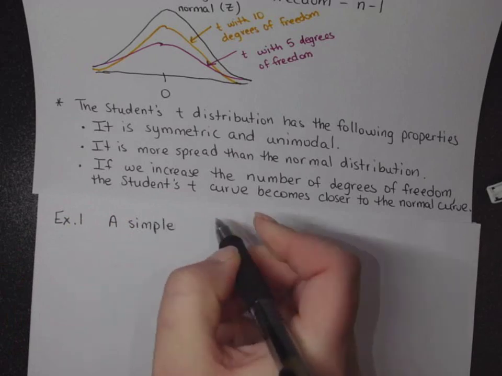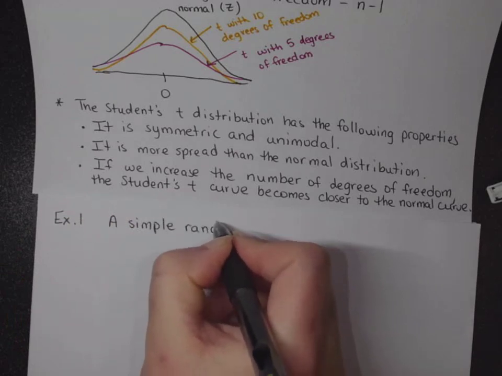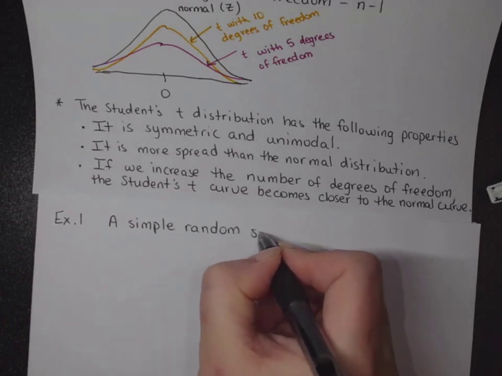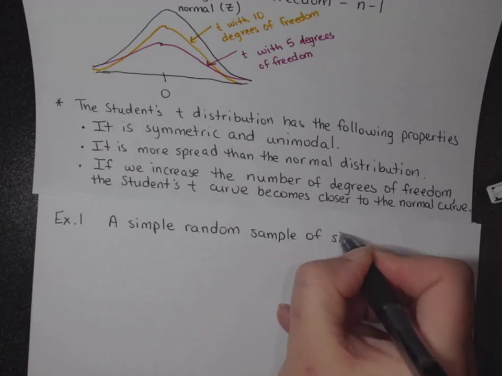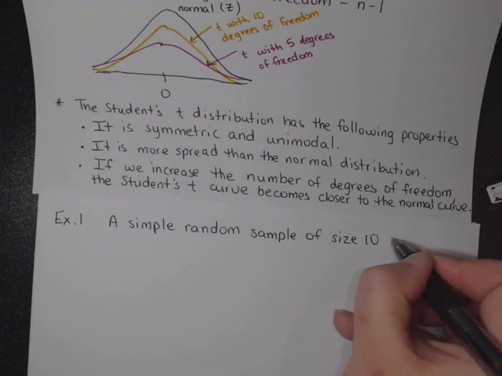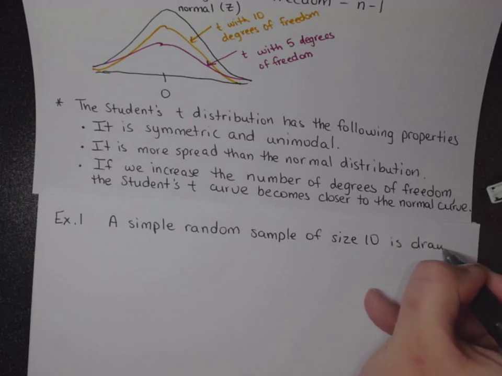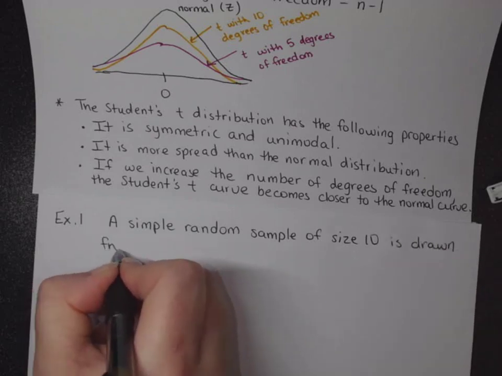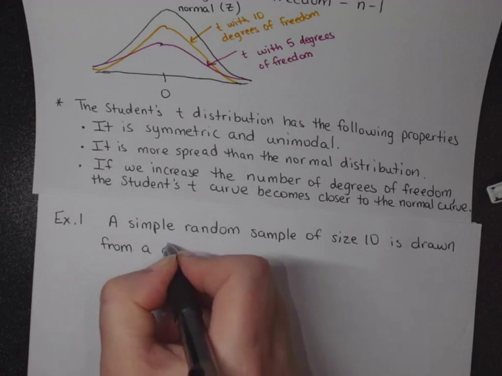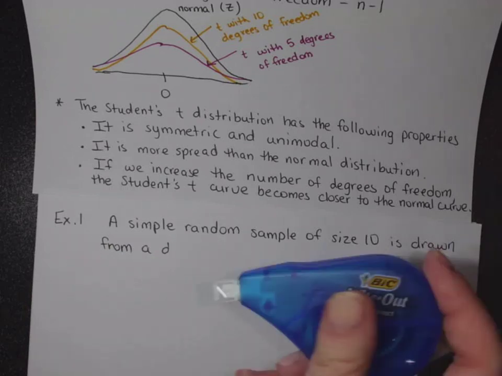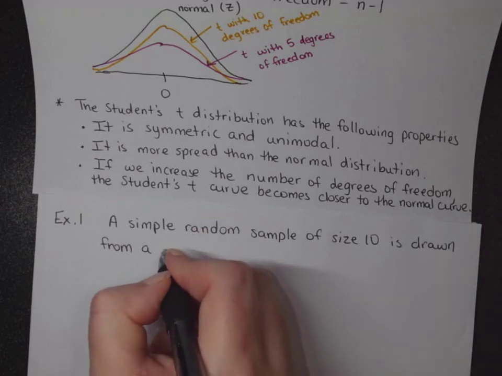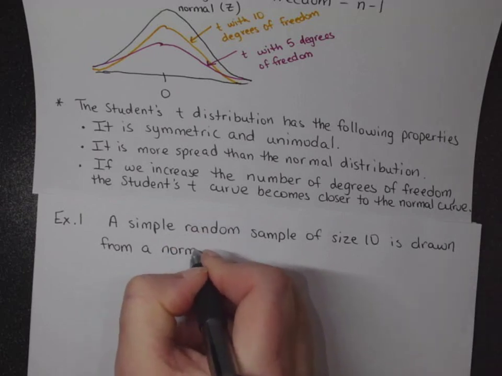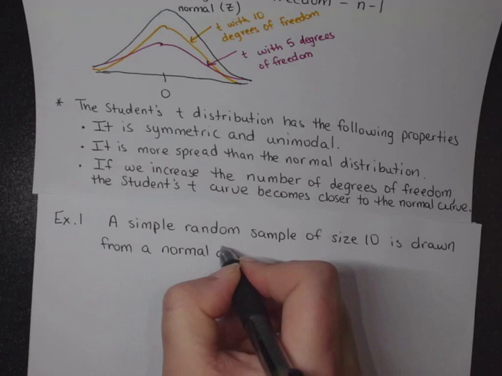let's say that we have a simple random sample, but we only have a random sample of size 10. Notice that's pretty small. It's not a very large sample. But let's say the population is something that's normally distributed.